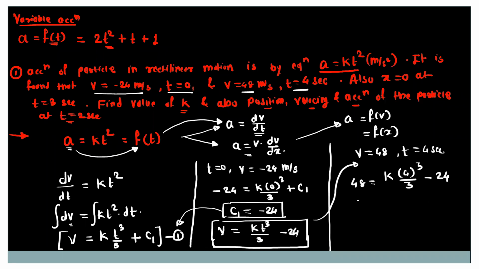So we will get 48 plus 24, so this is 72. So k is equal to 3.375.